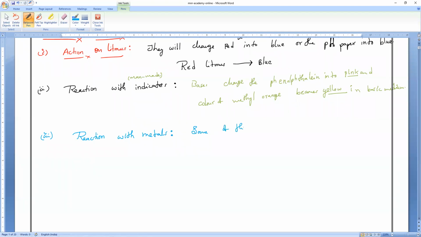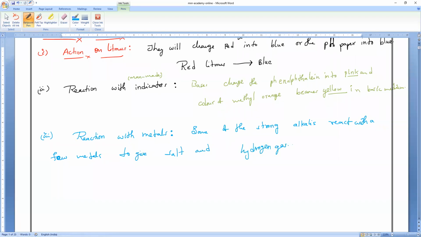So some of the strong alkalis, what do you mean by alkalis? Yesterday we studied: water soluble bases. So some of the strong alkalis react with a few metals to give salt and hydrogen gas.